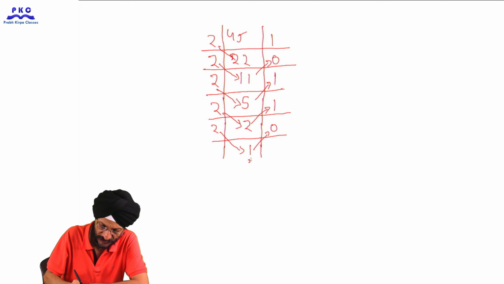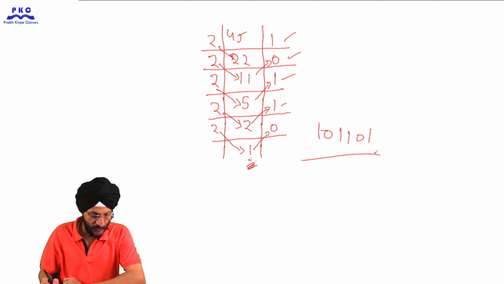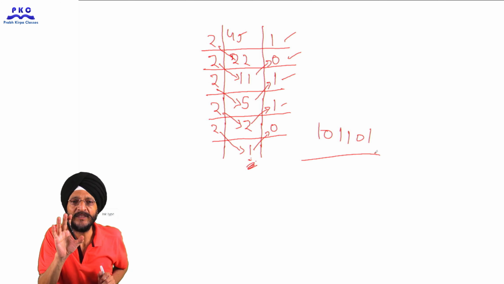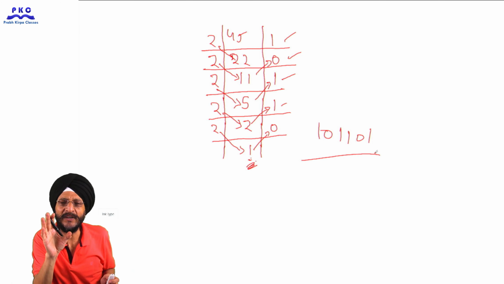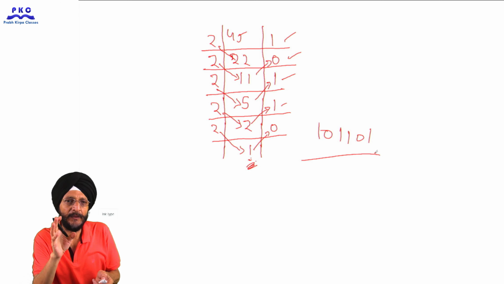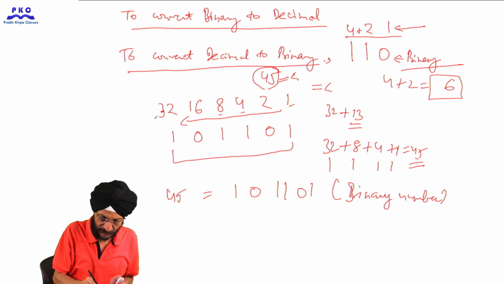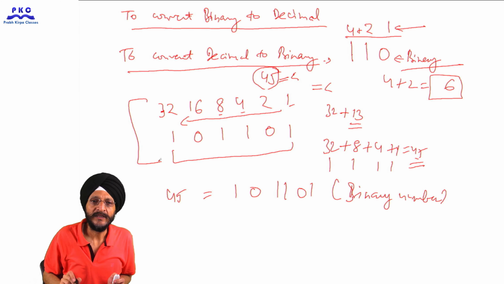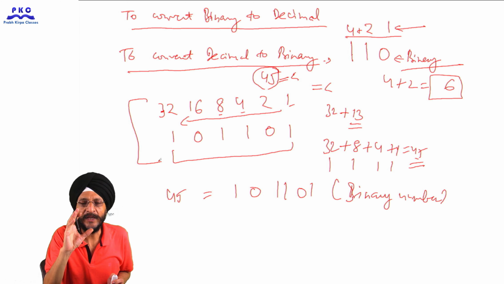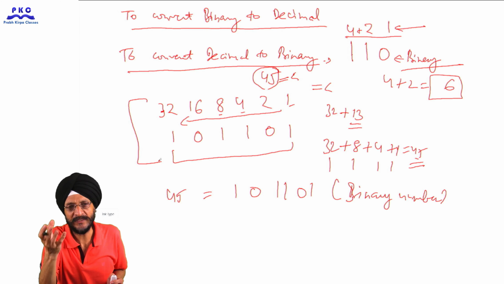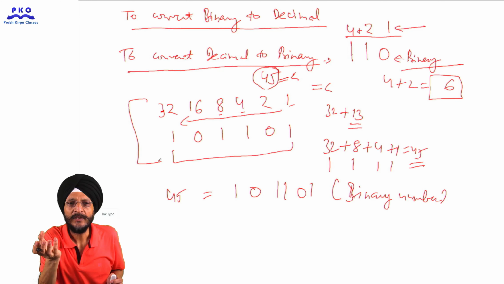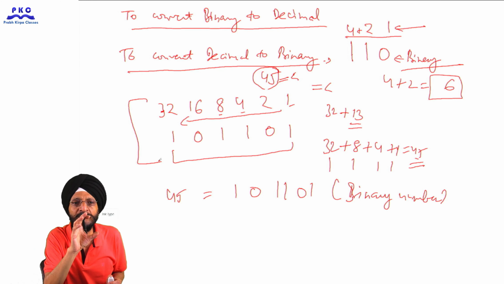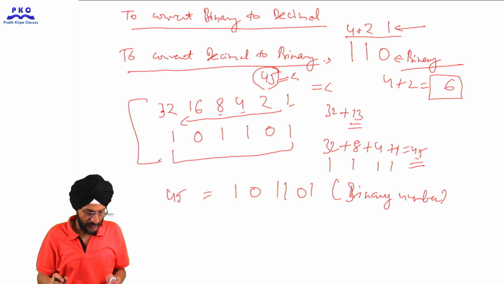Now we will start from this point: 1, 0, 1, 1, 0, 1. So we have been able to get the binary number. This is a somewhat difficult format. The earlier format which we discussed is the simple formula, so we can say it is a simple formula to convert a decimal number into a binary number.